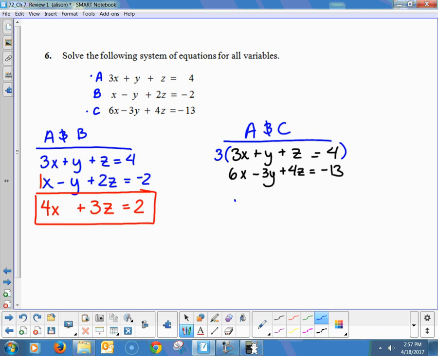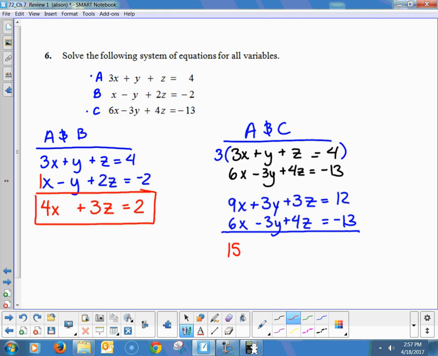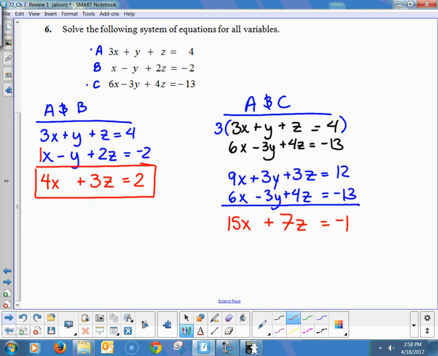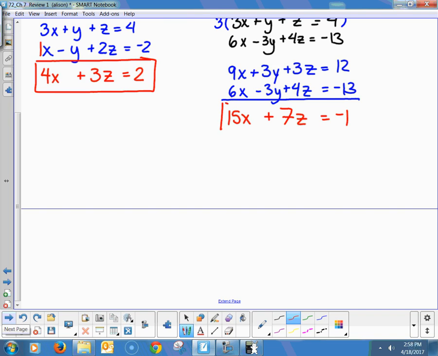So if I do that, I'm going to get 9x plus 3y plus 3z equals 12. And the bottom equation stays the same. 6x minus 3y plus 4z equals negative 13. And now when we add straight down, those y's eliminate. I get 15x's, big numbers, plus 7z's equal negative 1. Okay, so there's my second equation.